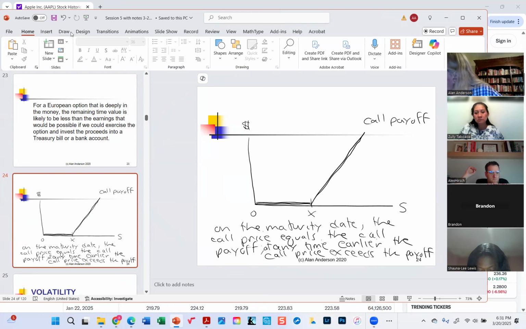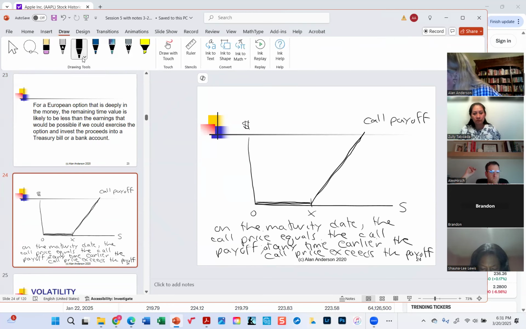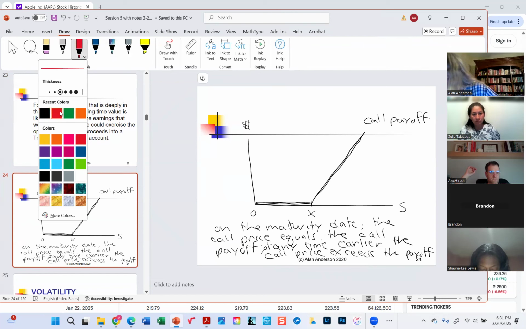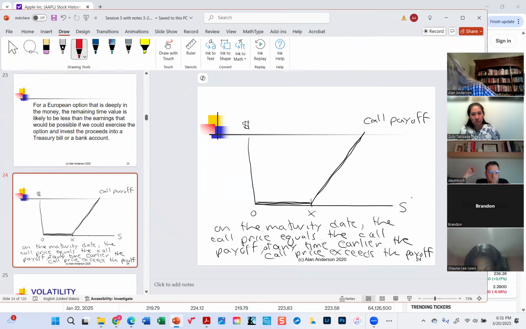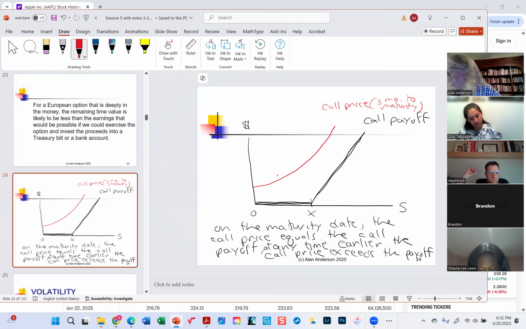So if you were to, let's say, draw the relationship between the price and the stock price at, let's say, 3 months prior to maturity. Actually, I'm gonna try to fix that. It should look more like this. Okay, that's a little better. So let's say the stock price is here.